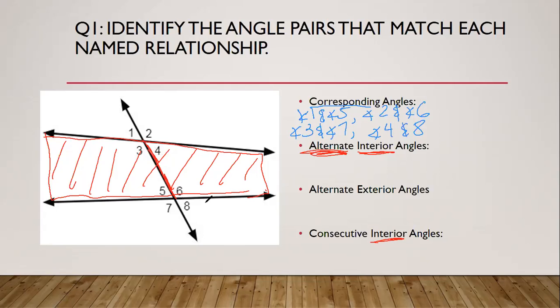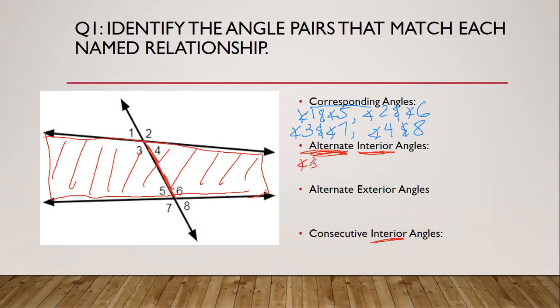Now, remember I said that with these pairs, one comes from the top quad, one comes from the bottom quad, okay? So 3 and 4 might be alternate interior, but they're from the same quad. So they can't be alternate interior pairs. But angle 3, alternate side, we have 4 and 6. 6 is from the other quad.